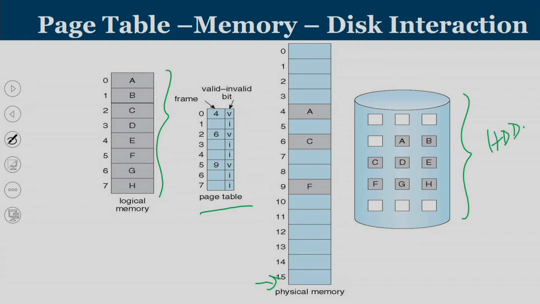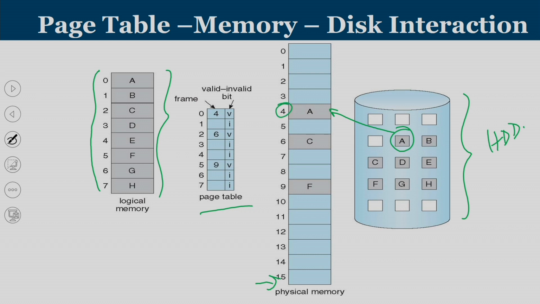Now how are you going to transfer? Let us assume these are the 8 pages of the logical address, page number 0 to page number 7, and this corresponds to some data. Let us say 0 is basically A in the disk, and it so happened that this A is already brought to main memory and is located in the 4th frame.